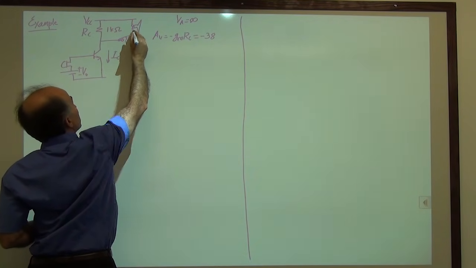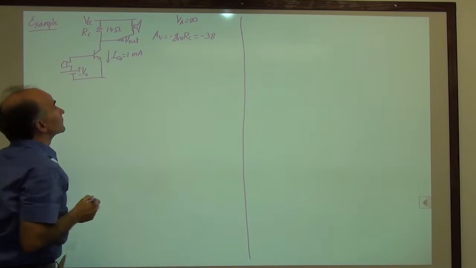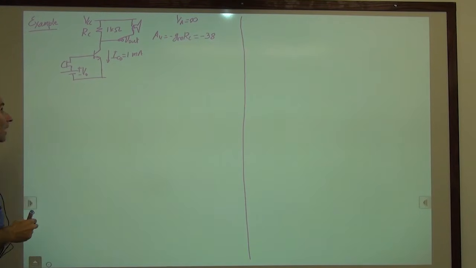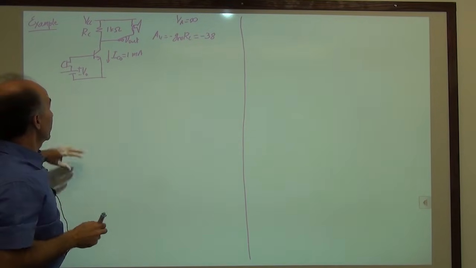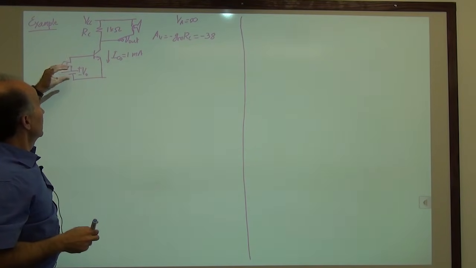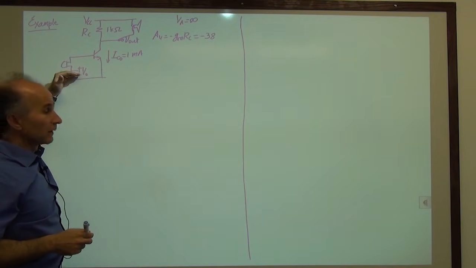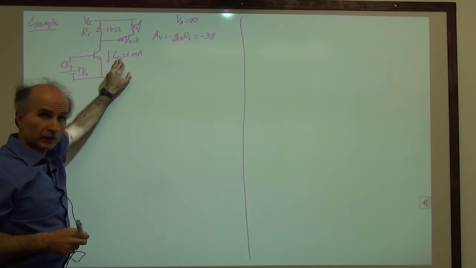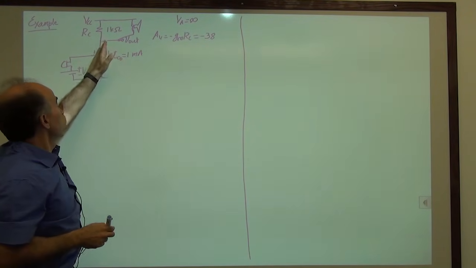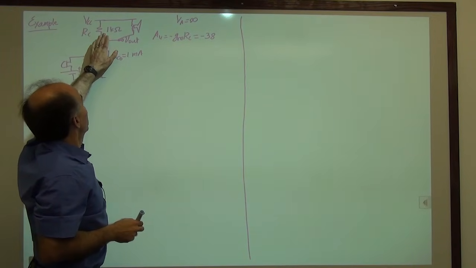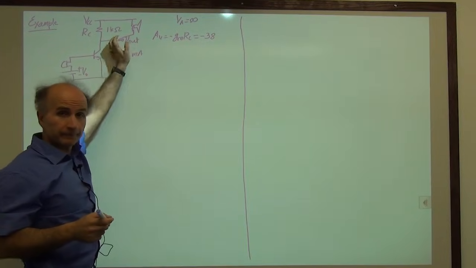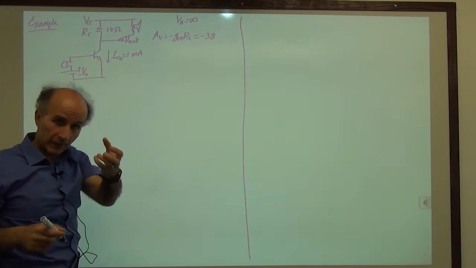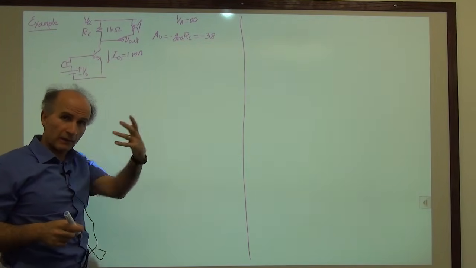So here's our speaker. Okay. So what's happening is that the microphone signal rides on top of the bias. It creates fluctuations in the collector current. These fluctuations come out, and now they have to flow through this 1 kilo ohm resistor and the speaker. After all, the speaker needs some current to create an audio signal.